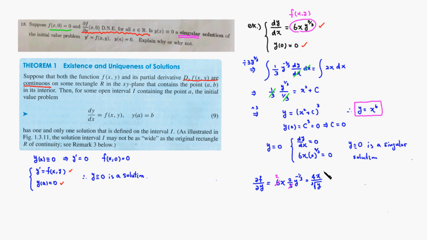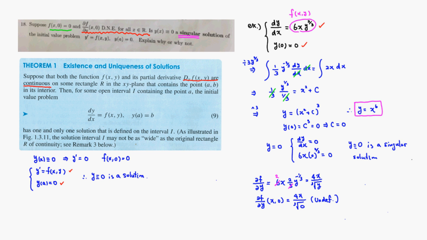All right, so you can see that when y is equal to 0, when you look at the partial derivative of f with respect to y at x comma 0, you're going to get 4x over the cube root of 0. This is actually undefined. Does not exist.